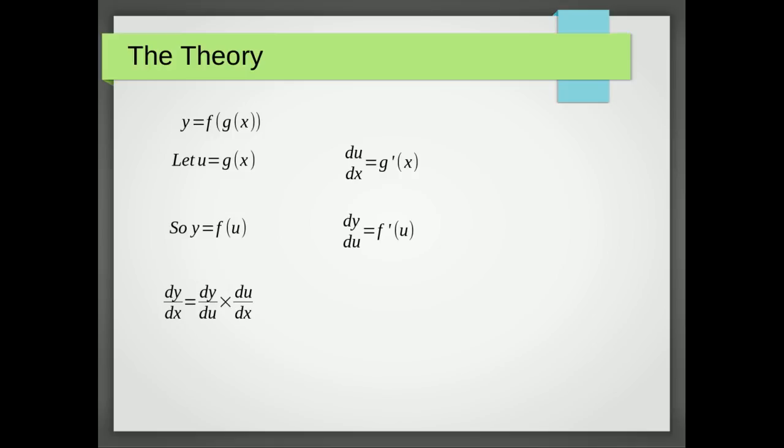And if we accept that dy dx equals dy du times du dx, we get that dy dx equals f dash of u multiplied by g dash of x. So that means we differentiate the function of u with respect to u, and we multiply that by the inner function, the g of x, with respect to x.